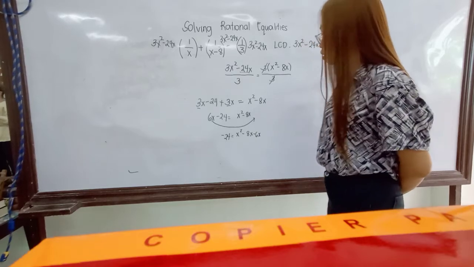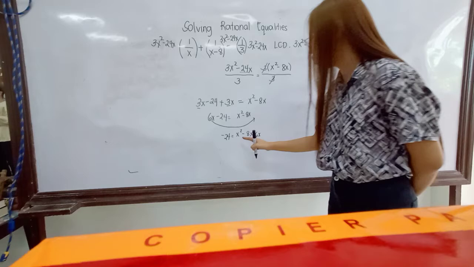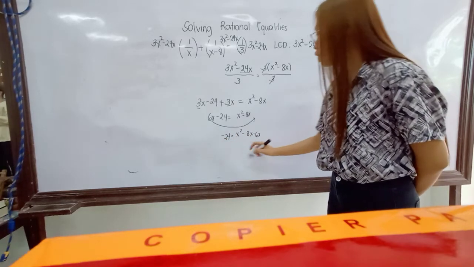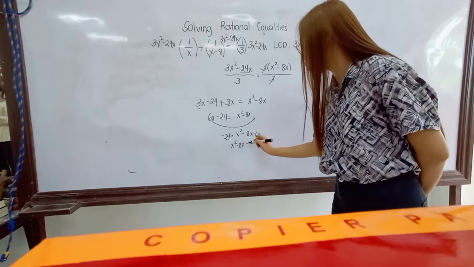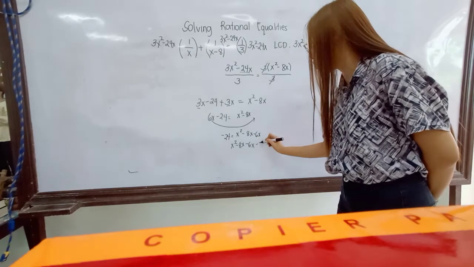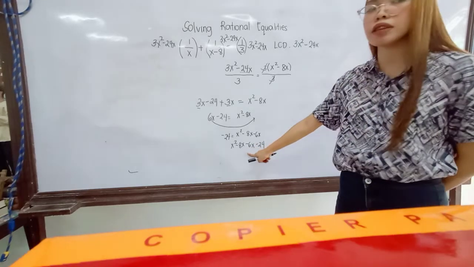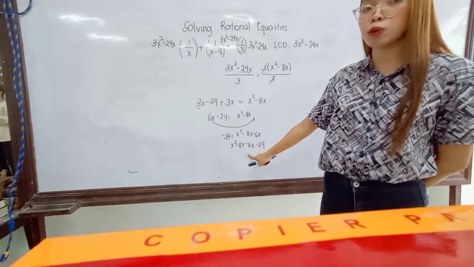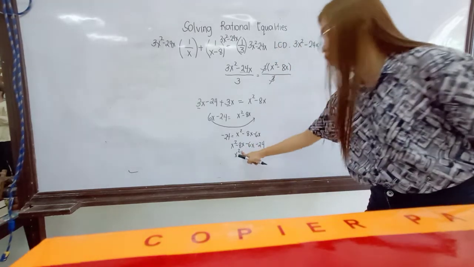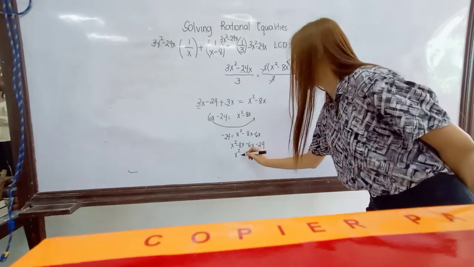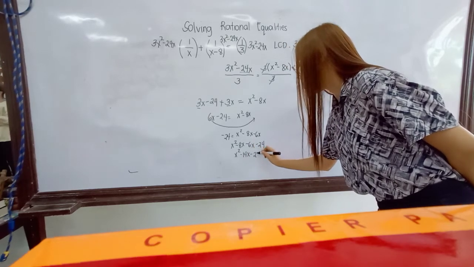Next, transfer ulit natin yung isa. It will be x squared minus 8x minus 6x minus 24. So negative 8x and negative 6x are like terms, so we can simplify them. So x squared minus 14x minus 24.